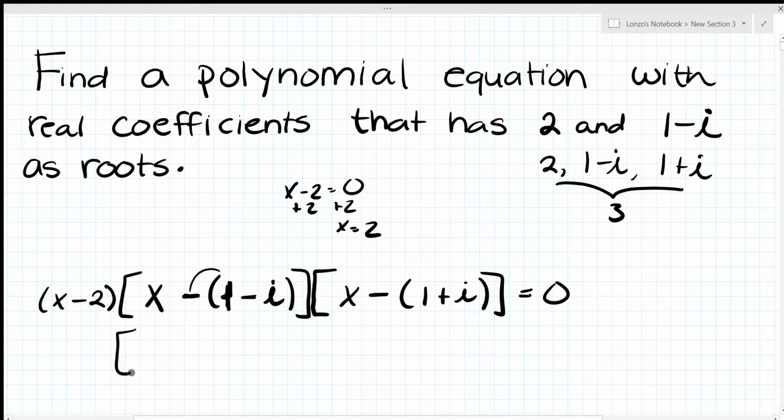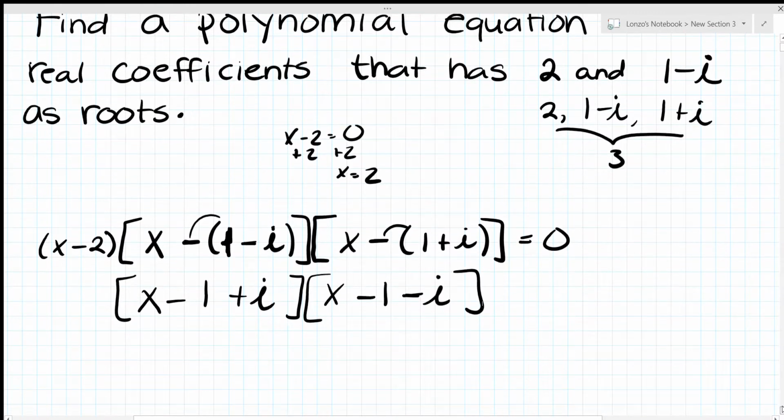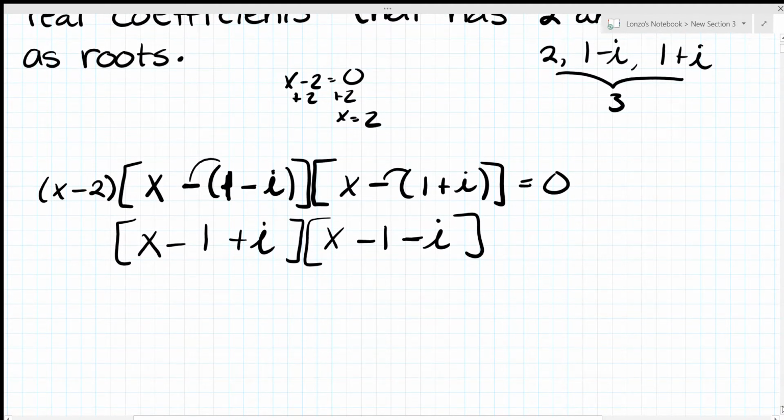So it's bracket x minus 1, and this is going to be positive i, bracket, and then FOIL this negative: x minus 1 minus i, bracket, equals 0. And then don't forget this x minus 2.